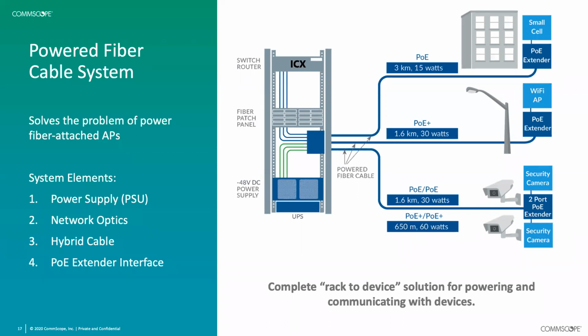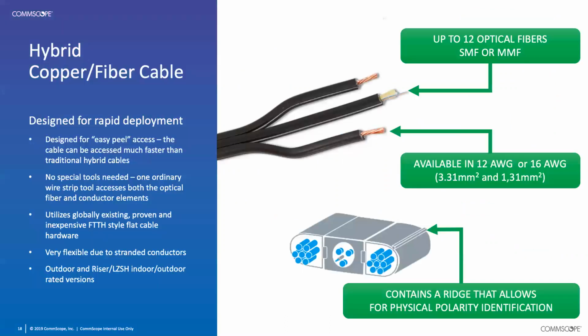This allows you to push basically a fiber and power out up to 3 kilometers if you only need 15 watts of power, or 1.6 kilometers for 30 watts of power, and then 650 meters for 60 watts of power. So depending on the power needs, in many cases, 15 watts is enough. So you see 3 kilometers is quite a long distance. In most cases, 1.6 kilometers is more than enough. So we can push both the signal and the power out. And the way that works, really, it's pretty simple, easy to understand.